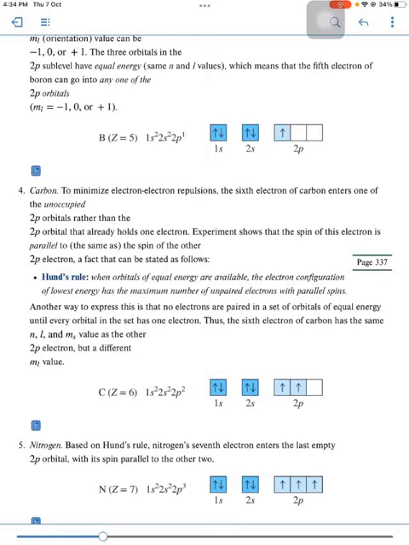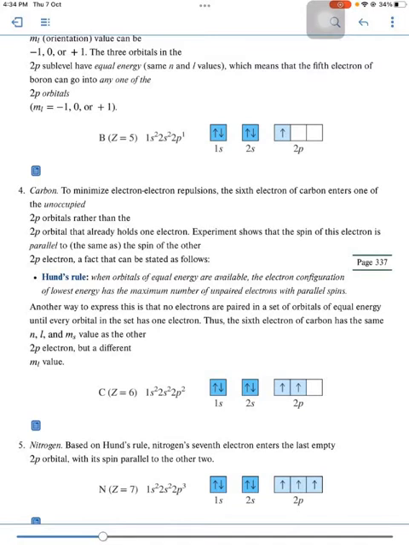But you are going to apply Hund's rule when you have a set of orbitals with the same energy level. Yang mana dia kata the electron configuration of lowest energy. Apa maksud tu? Bila dalam topik ni, bila kita sebut perkataan lowest energy, meaning that we are referring to the most stable electron configuration. Because lower the energy level, more stable it is sebenarnya.